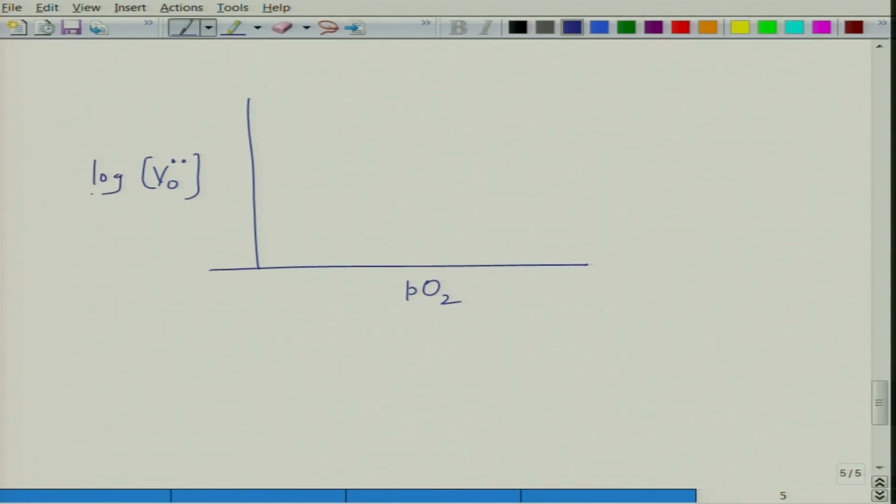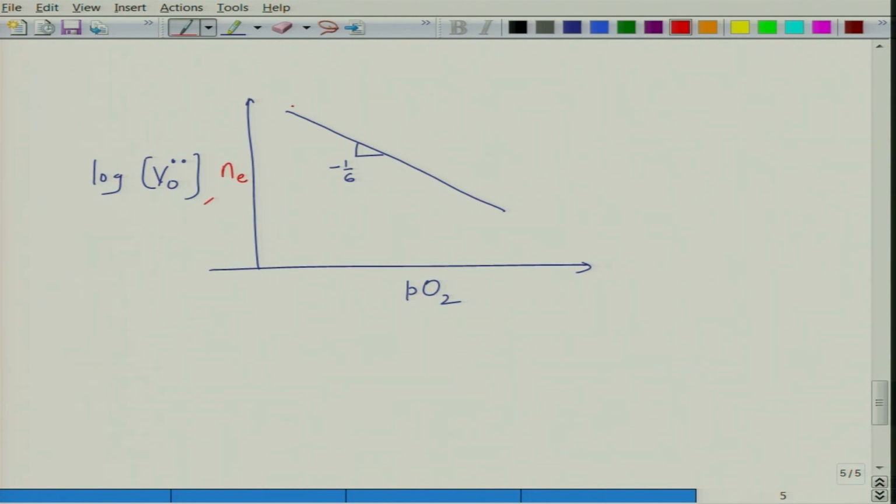Let us say log of VO versus PO2. The vacancy concentration will decrease as a function of PO2, and this will have a slope of minus 1 over 6. You can also plot on the same plot the electron concentration Ne, which is twice of VO.